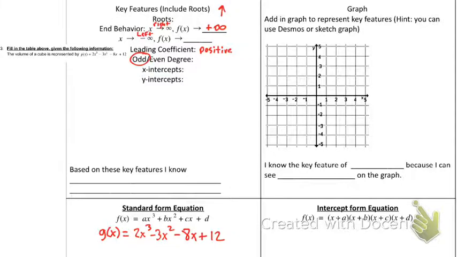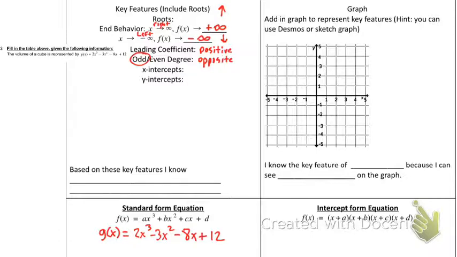It's going up or down. Since it's odd, odd means opposite of my right side. So what's my right side doing? It's going up. So since it's odd, my left side is going to do the opposite, which means it's going to go down. That tells us we have negative infinity.